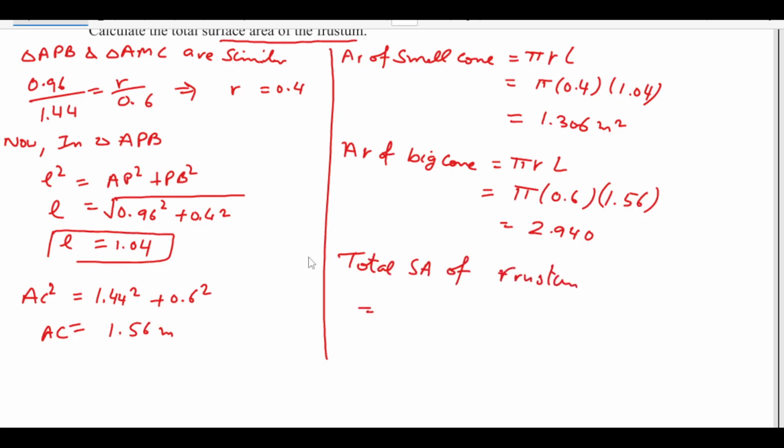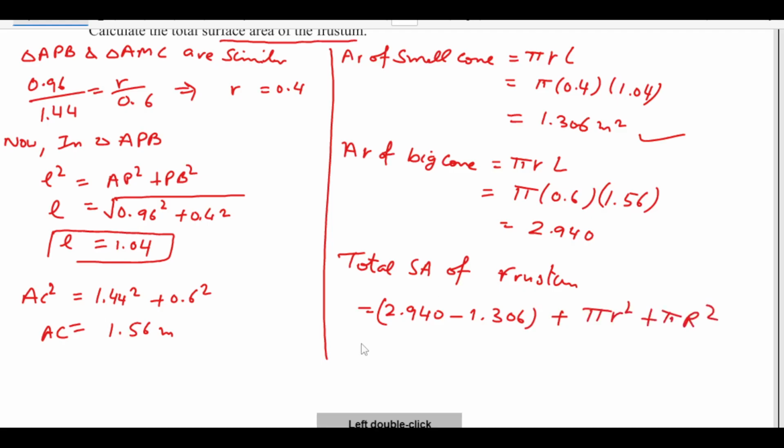So the total surface area of the frustum, we are going to subtract 1.306, the smaller one, from 2.940, the big one, then plus the area of the small circle plus the area of the big circle. So this one is 1.634 plus pi into 0.6 squared plus 0.4 squared.